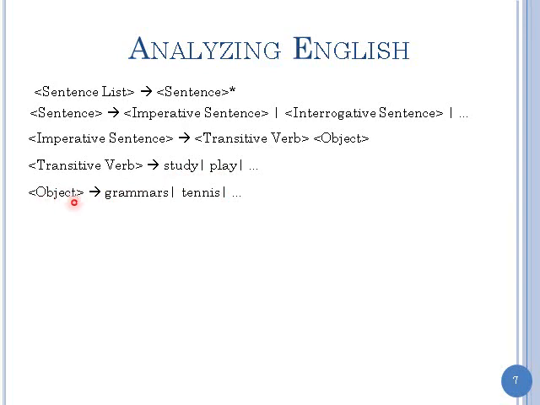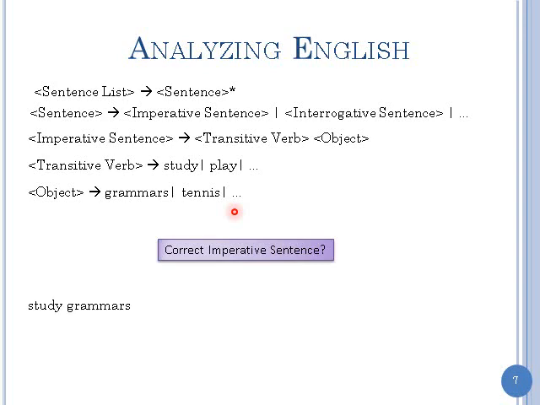My object could be grammar or tennis, okay? So I'm giving you rules now. For somebody who hasn't spoken English, who doesn't have time to go and spend 10 years here and figure out all the various vocabulary, this is formally telling them what is legal and what's not legal. Okay? And so let's go and figure out what's correct and not correct according to what I've presented here.